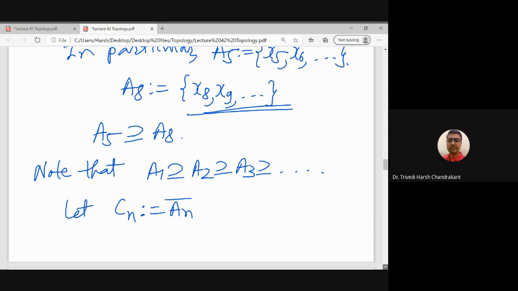Every metric gives open balls, open balls give open sets, and once we know open sets, we know closed sets, and we can define the closure. So the closure of An means closure with respect to the topology coming from the metric.